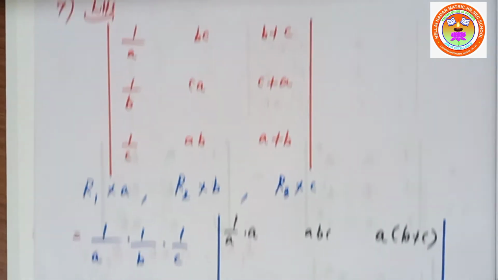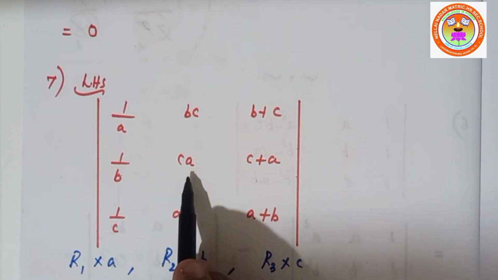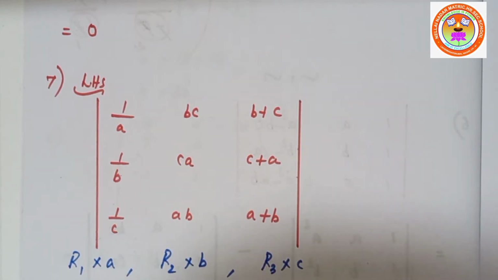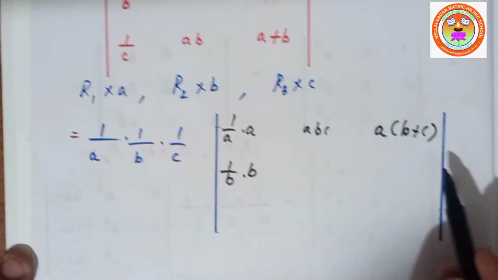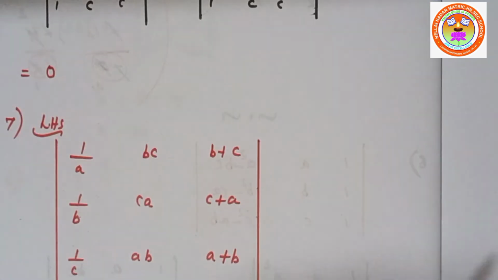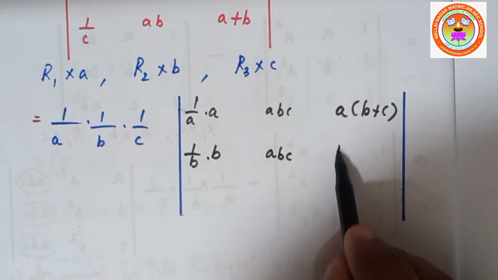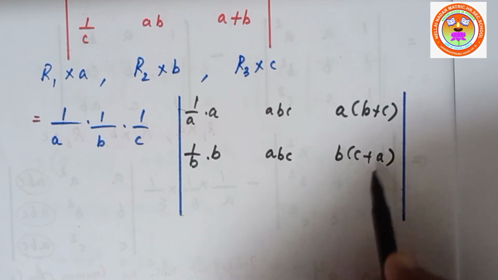Now I am going to multiply R2 by B. If you multiply by B, 1 by B into B, CA into B, ABC, 1 by B into B, okay, ABC here. Here you have to multiply by B, correct? B into C plus A, B into C plus A.